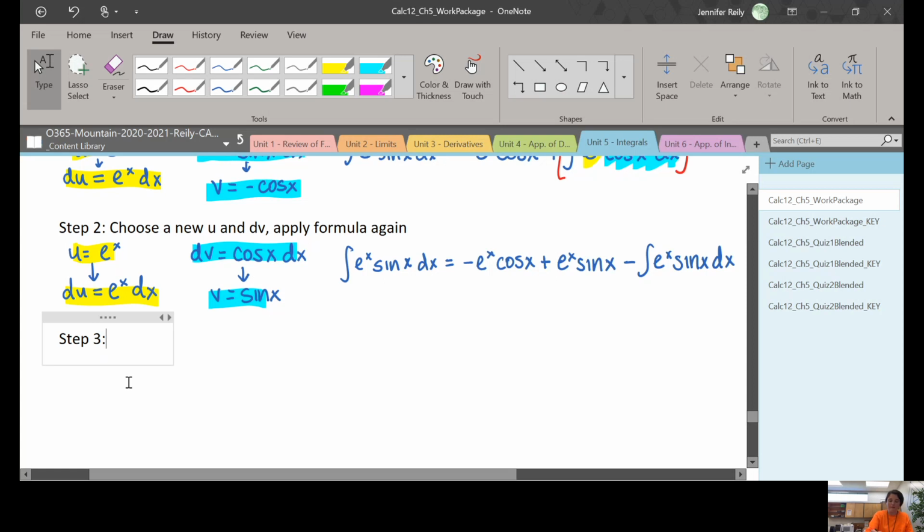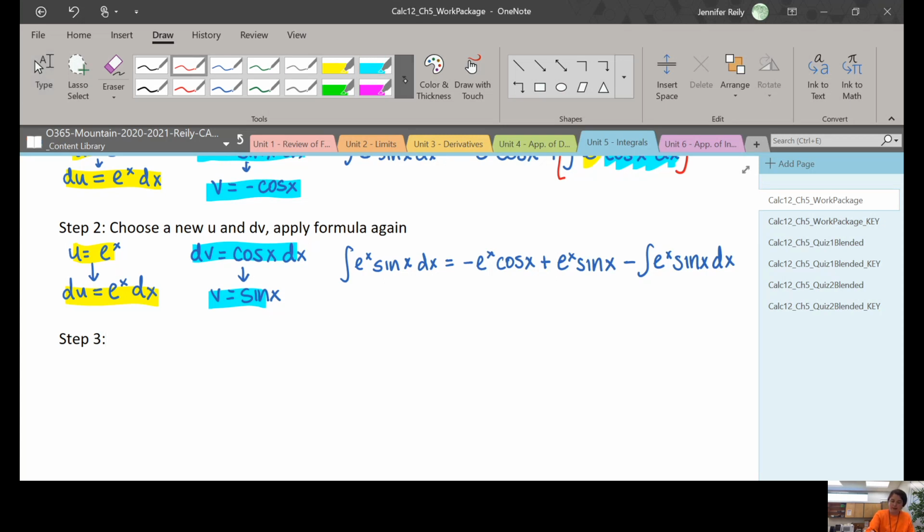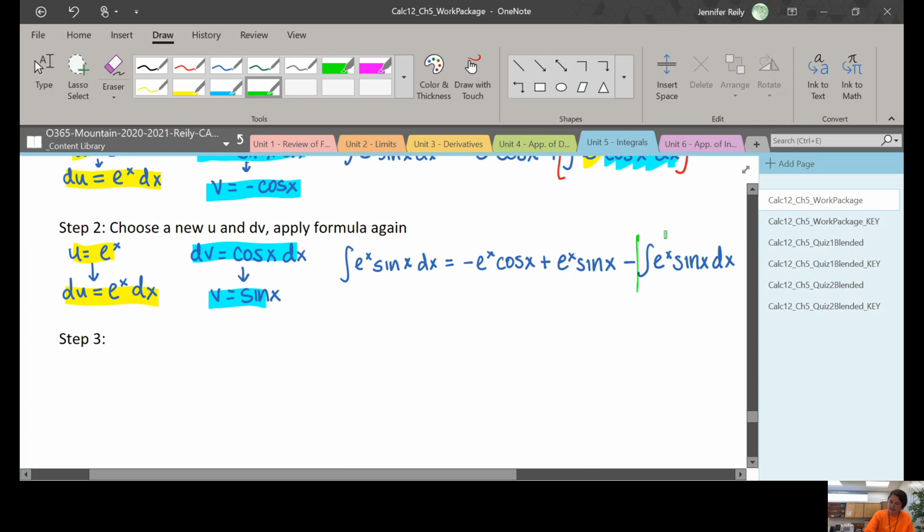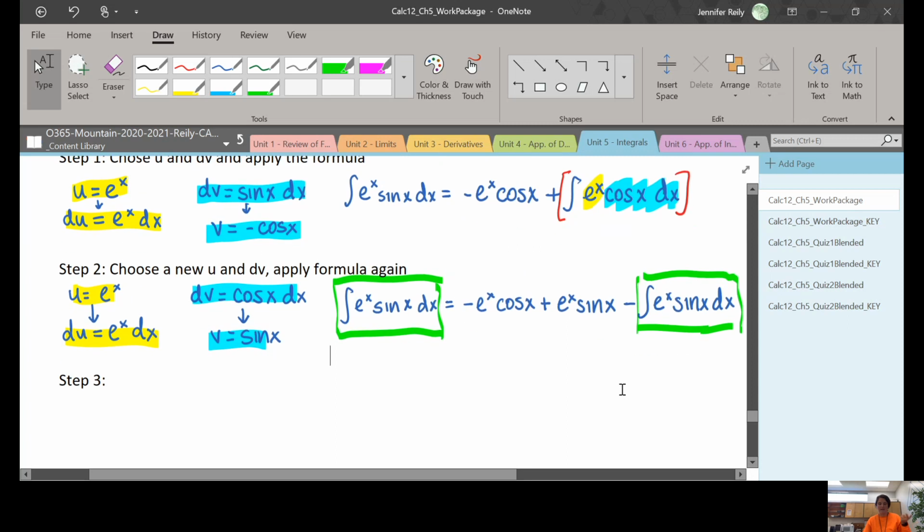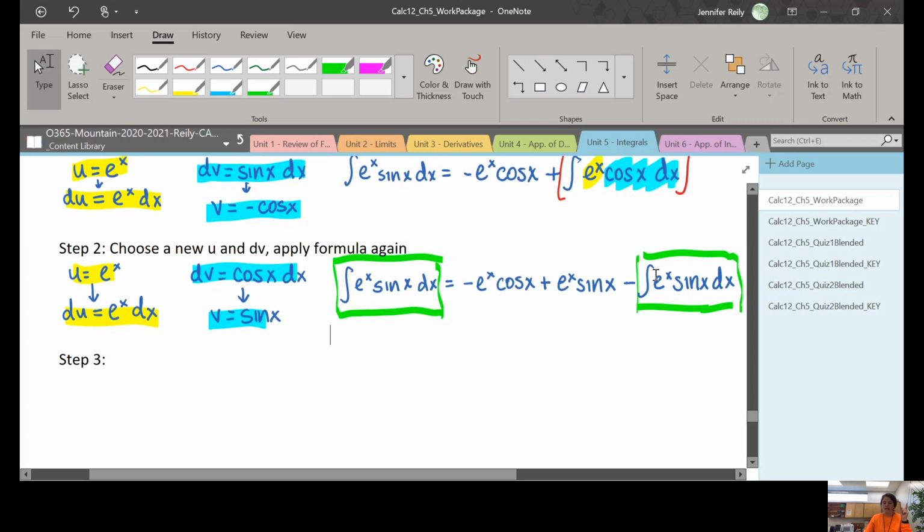Notice I still have, I'm going to use green maybe to highlight, I still have an integral that I don't know how to solve at the end. However, look, it is actually the identical integral from what we had at the beginning. That's weird. Okay, so it's kind of cyclical, like I mentioned before. So we're ending up with the same integral we already had at the beginning. I'm going to move this term to the left-hand side.